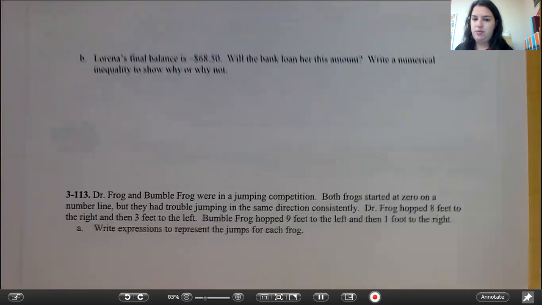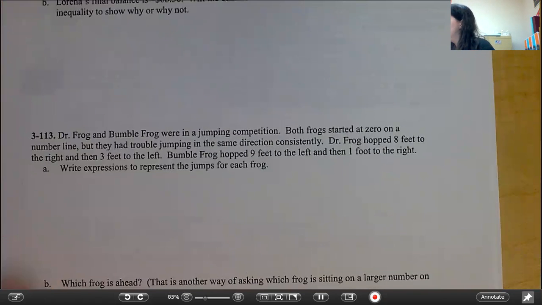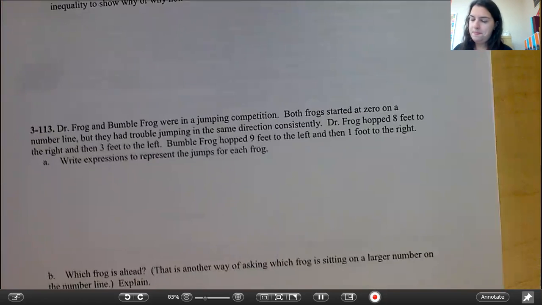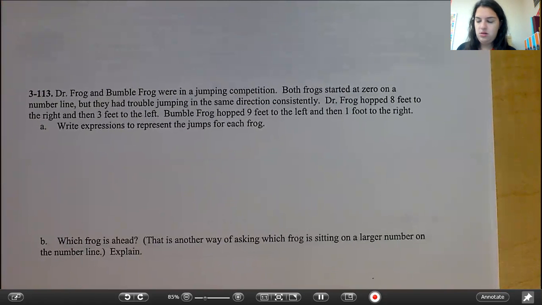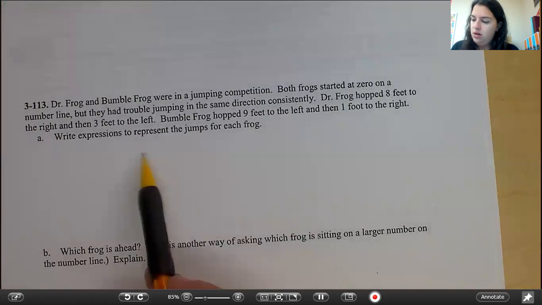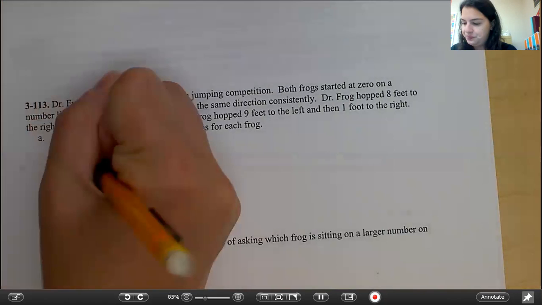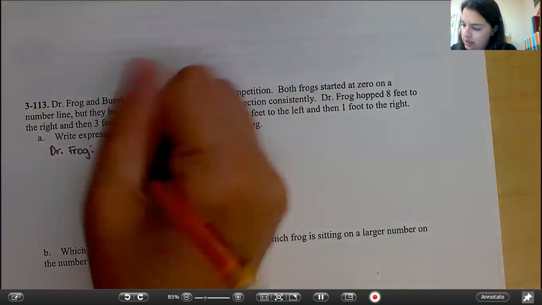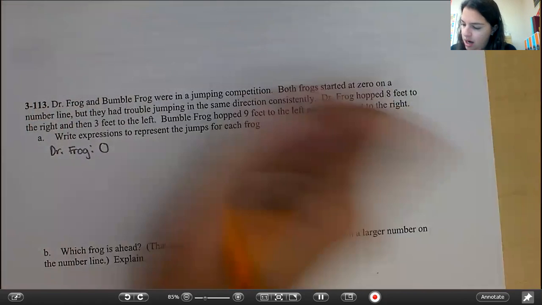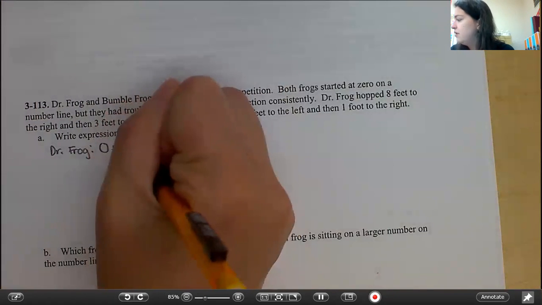Okay, if you're back with me, that means you have answered part A. So, Dr. Frog started at 0, hopped 8 feet to the right, and then 3 feet to the left.